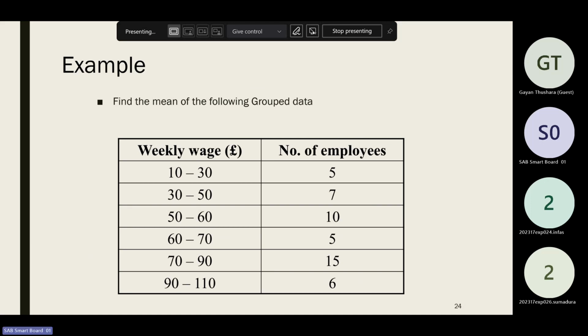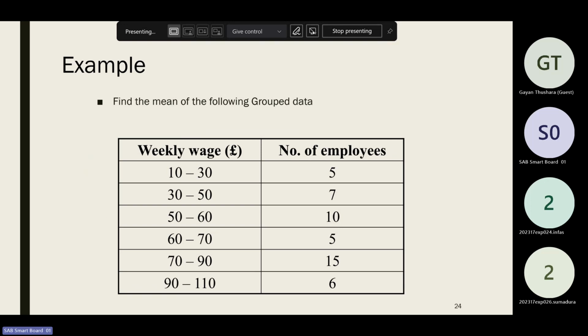The mean of the group data. They don't say anything, just group data. They don't say whether it is population data or sample data. No clue. So we take this as sample data, sample group type.